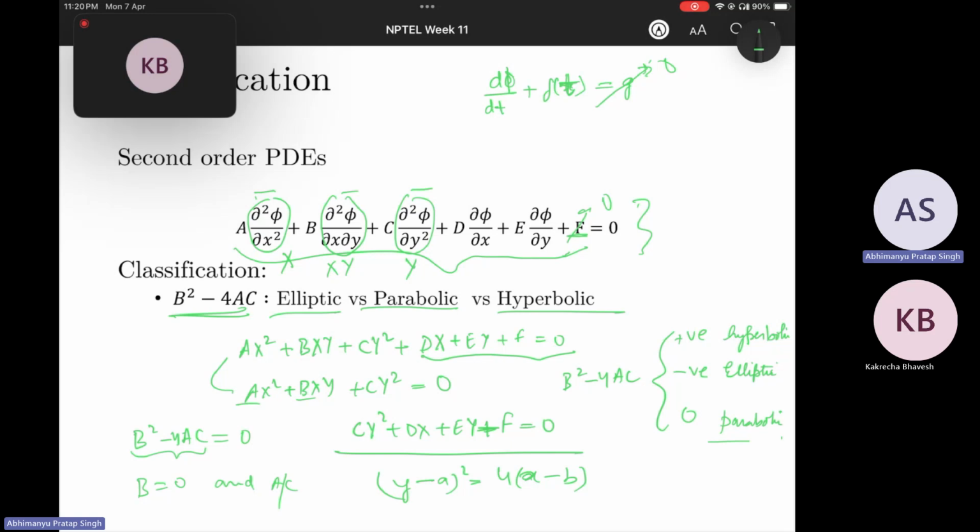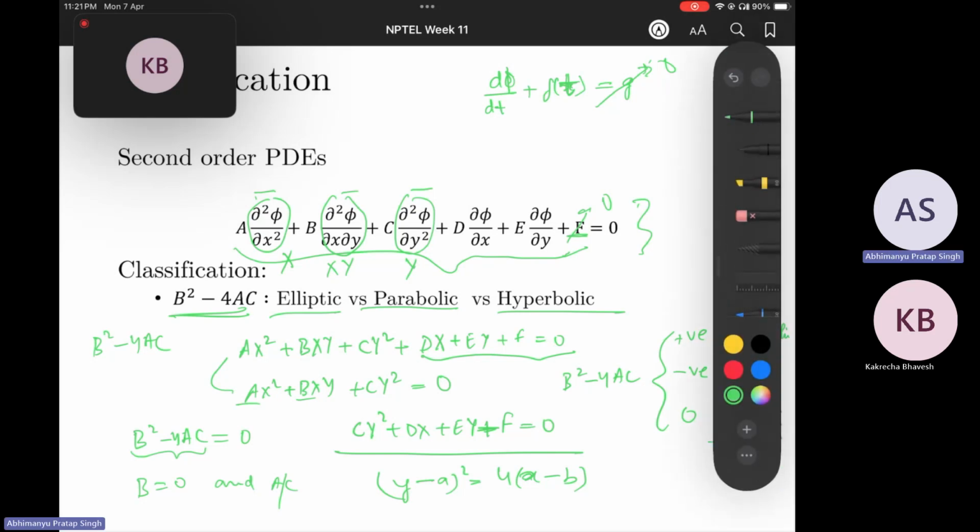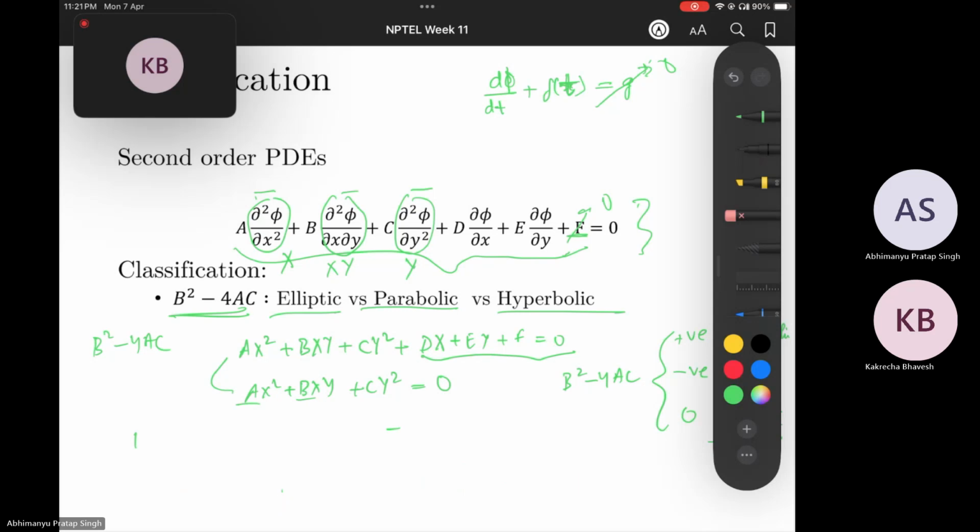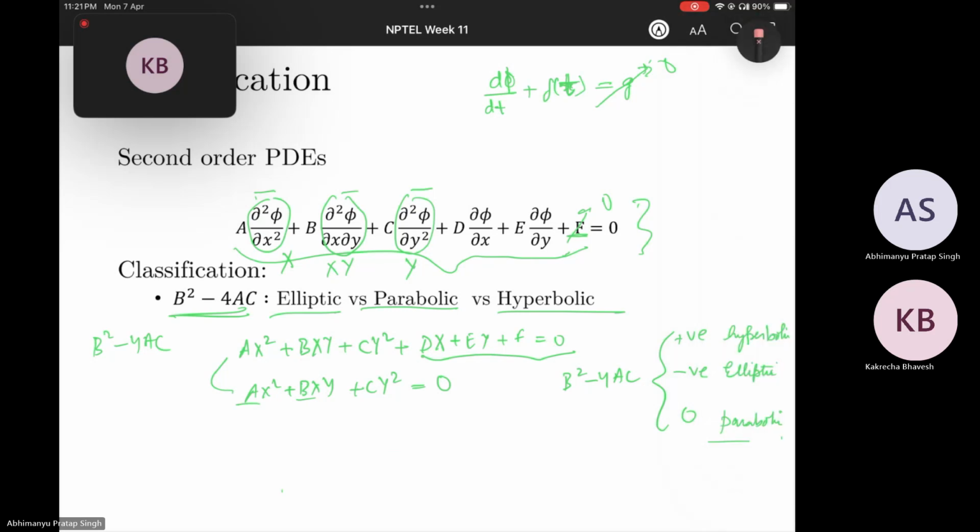So this is basically the equation of a parabola, and similarly we can see other cases. So if b square minus 4ac is negative, I can also write this as a determinant. Now b square minus 4ac is basically the determinant of this thing.